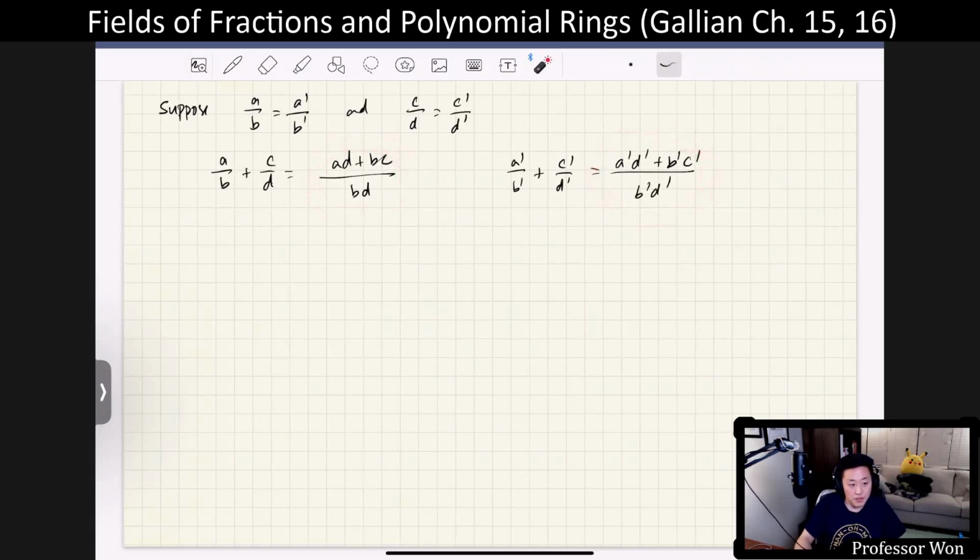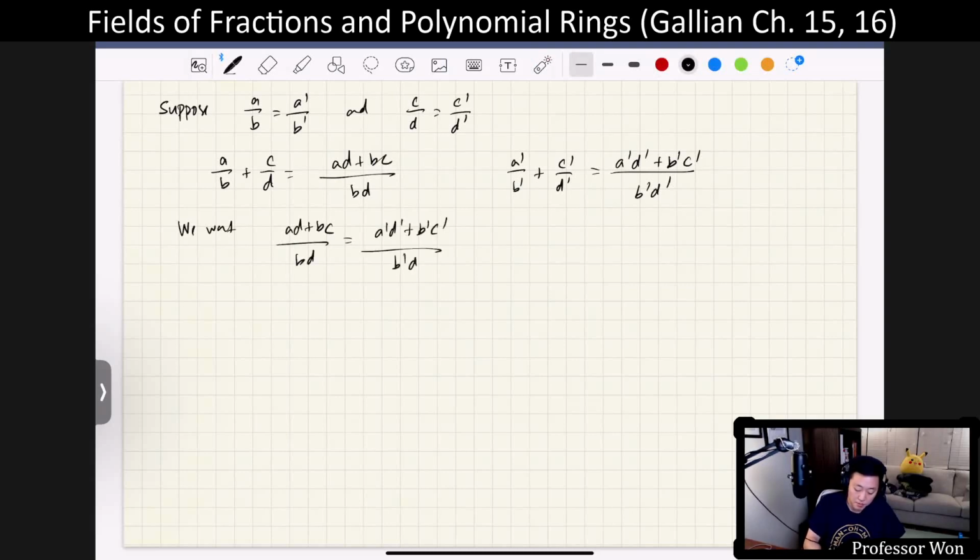Well, what's the equivalence relation? It is cross multiplication. So we want this fraction to equal this fraction, and the equivalence relation we've placed on these ordered pairs says this happens if and only if AD plus BC times B prime D prime is equal to A prime D prime plus B prime C prime times BD.